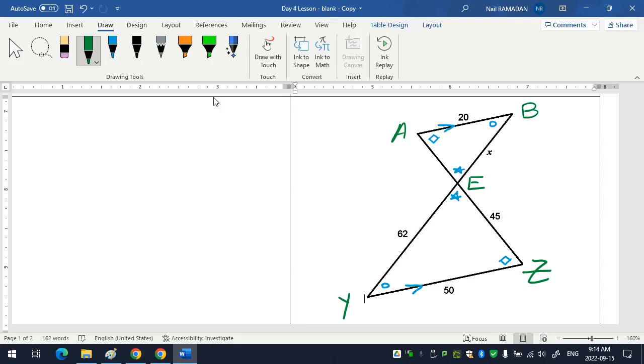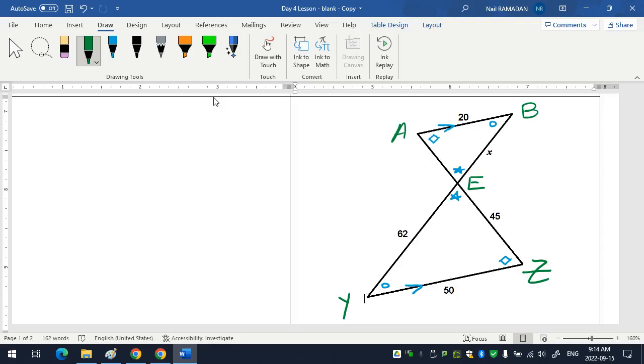ABE is the same as what? If I say ABE, what do I have to say with the lower triangle? ABE. So I went diamond, circle, star. I have to do the same thing. If I say diamond, circle, star, I have to also say diamond, circle, star here.